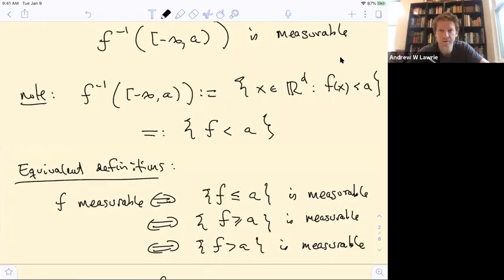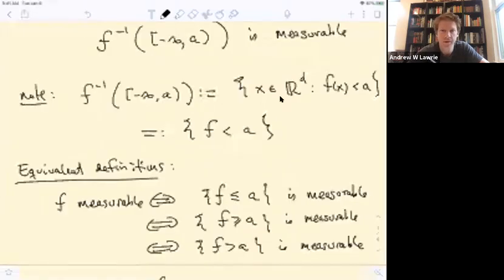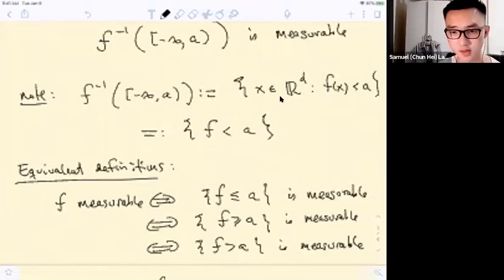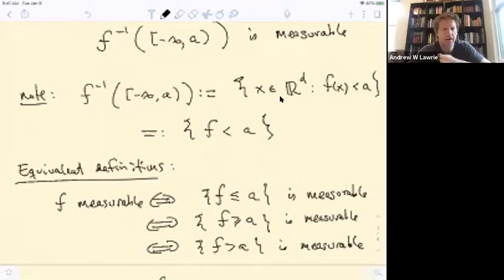Let me check your book though. Let me make sure that I'm not getting myself into some trouble. Quite possible. But maybe I should say I should include one more restriction.